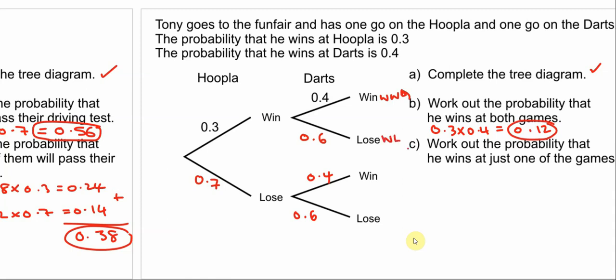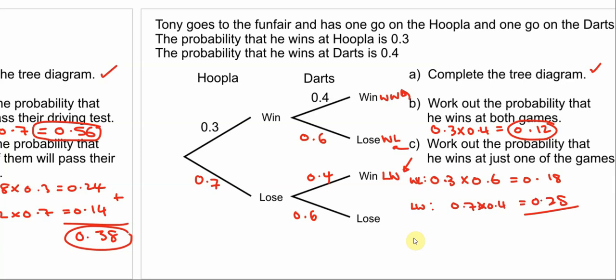At just one, that's going to be win-lose or lose-win. 0.3 times 0.6 for the win-lose. That's 0.18. And for the lose-win, that is going to be 0.7 times 0.4, which is 0.28. Adding that together, 0.46 as our answer.